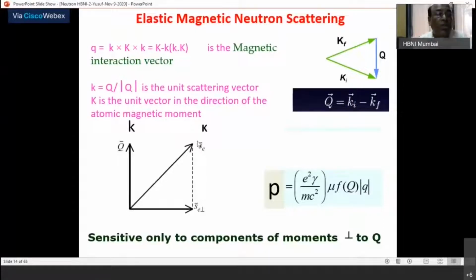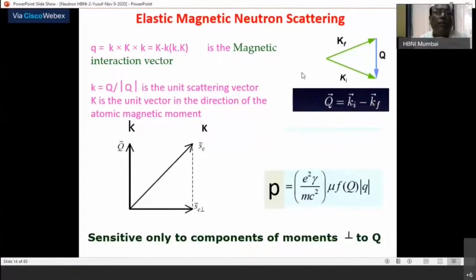Now what is the actual magnetic moment length of this vector? If you take an isolated atom or ion in your sample, it comes from Hund's rule, as I have already said. Now the question is, when you do neutron diffraction, the incident neutron beam falls and gets scattered, and this is the scattering momentum transfer.